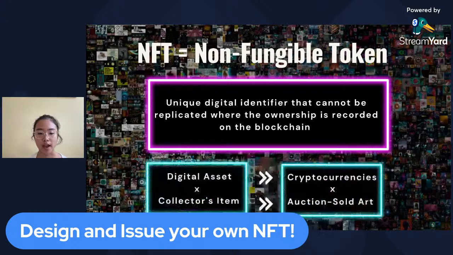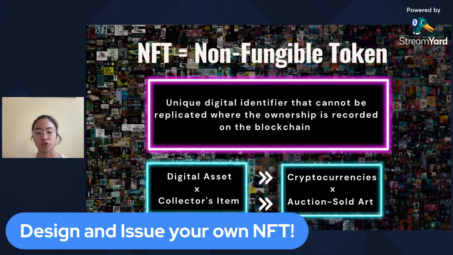And you can think of NFTs as almost a hybrid of cryptocurrencies as well as auction sold art. Both cryptocurrencies and NFTs are digital assets that utilize blockchain technology. However, there are some differences between them that we will look more into next. And one of the biggest NFT use cases are collector's items or collectibles.